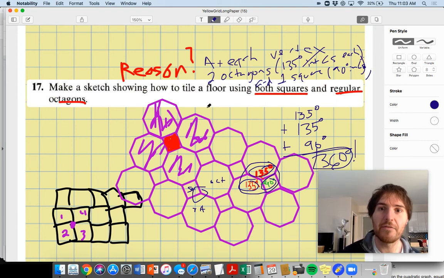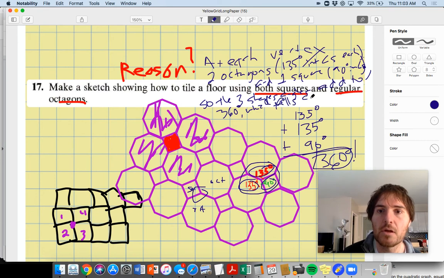So at each vertex we have that. So the 3 shapes' angles add to 360 degrees, which fills all surface around the common vertex of the shapes.